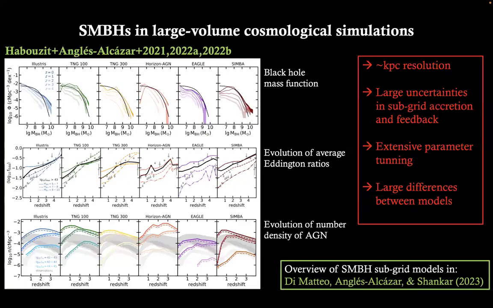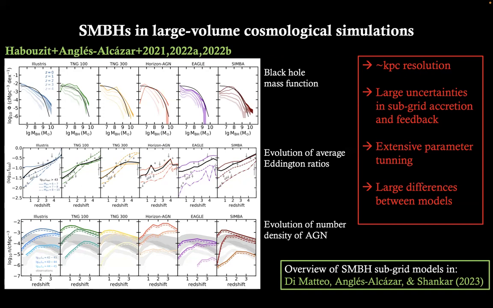So I'd like to now show very quickly some results from large volume simulations related to black hole properties. This multi-panel, very heavy figure here comes from a few papers led by Melanie Habouzit, who has done an amazing job at comparing very systematically the properties of black holes in different large volume simulations.